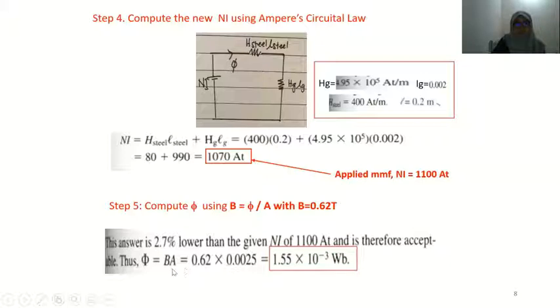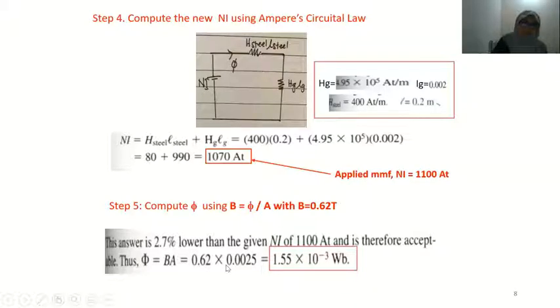Then we can calculate the flux using this formula: B is equal to flux divided by the area, so the flux is equal to B times your area. The B is 0.62, which is what we determined right now, times your area.